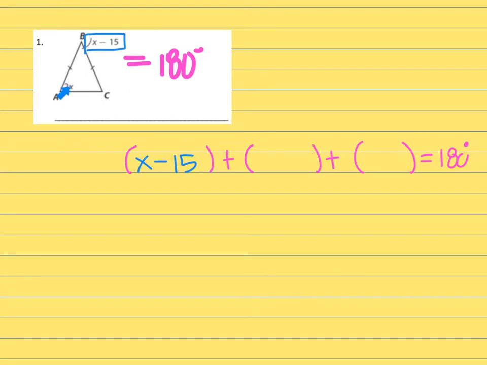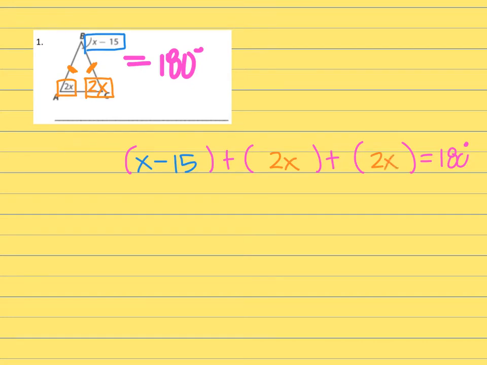These two little lines are telling you this is an isosceles triangle, so this angle and this angle are equal or congruent to each other. So actually, both of these are supposed to be 2x, and that's because it has these markings that tell me they're equal. So I'm going to put 2x in each one of these separate spots.